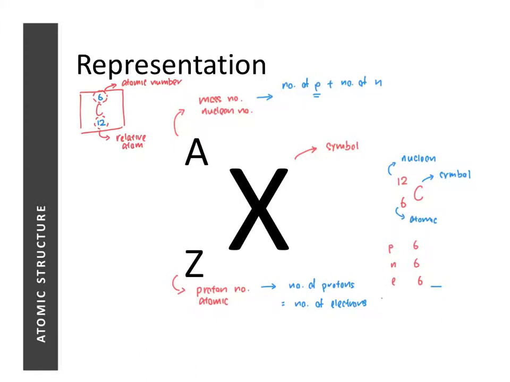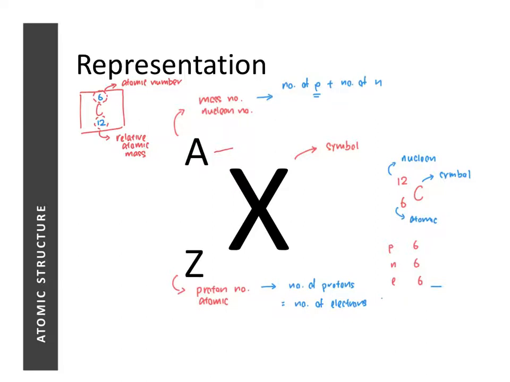This is something that we're going to learn in more detail, but essentially it is the average mass of all the different types of atoms. This is the reason why students often get confused: this number is often the same as the mass number. It is often the same, but it is not the mass number.